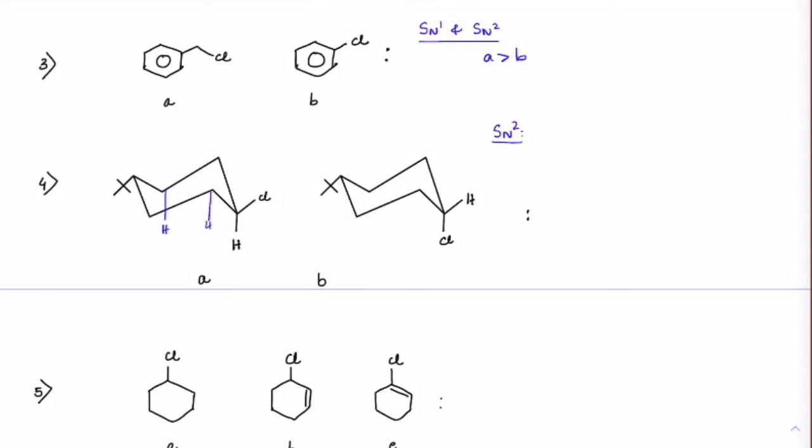Got it? So which one is more reactive here? This one. So for SN2, B is more reactive compared to A. And like I said, for SN1 also it is the same order.